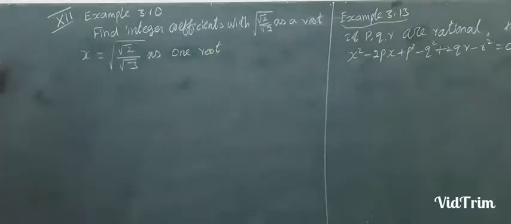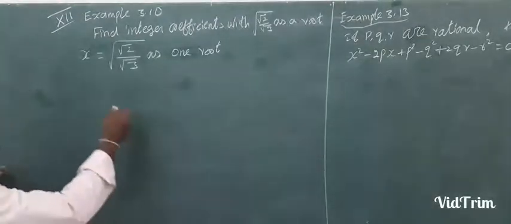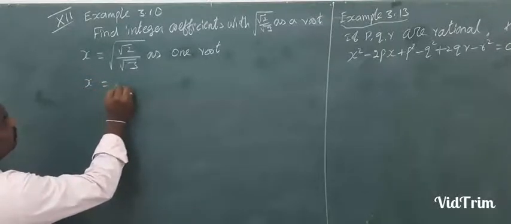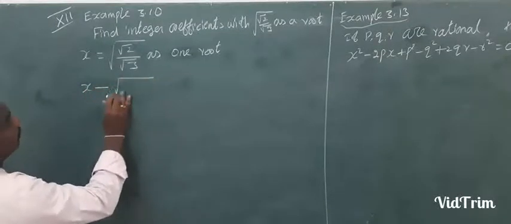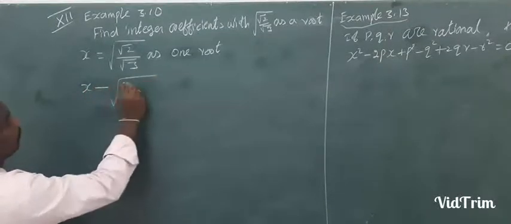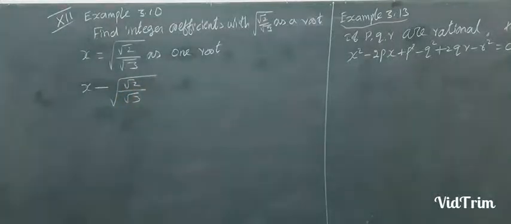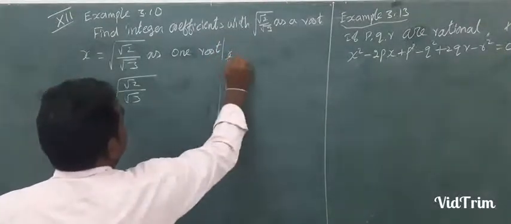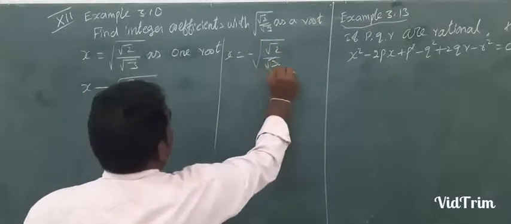If it is a polynomial equation, we have at least two roots. The other root is x is equal to minus square root of root 2 by root 3.